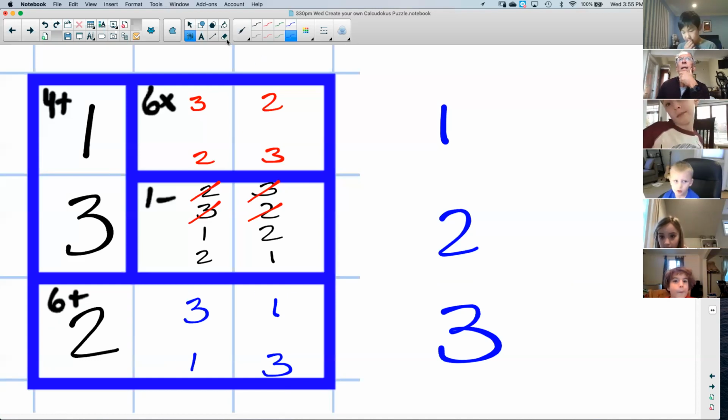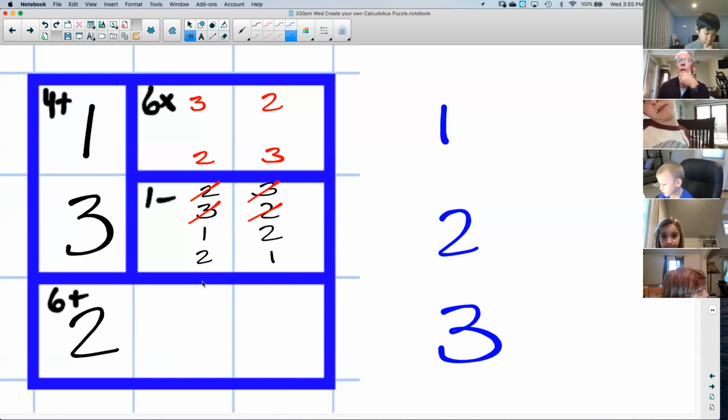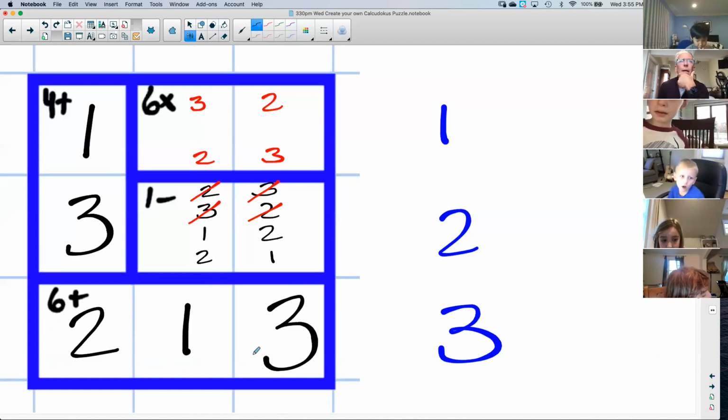Now, why is it that we can't put the 1 next to the 2? Well, actually we could. And then what do we have to put here, guys?